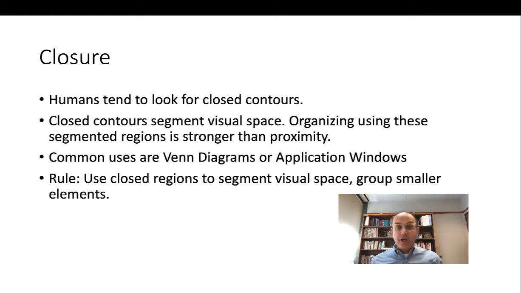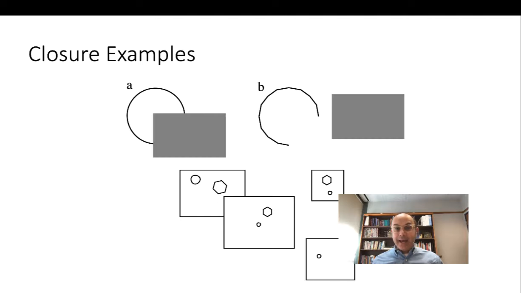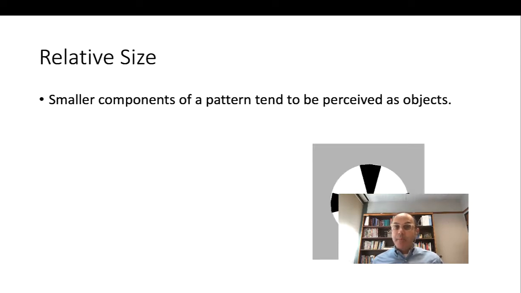Closure is another issue that we often talk about in text or in movies, and it also applies to visual analytics. And again, there is a closure example, good ones and bad ones, and this is part of the examples that we are trying to see.